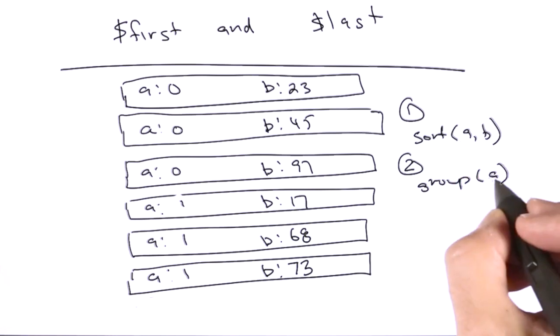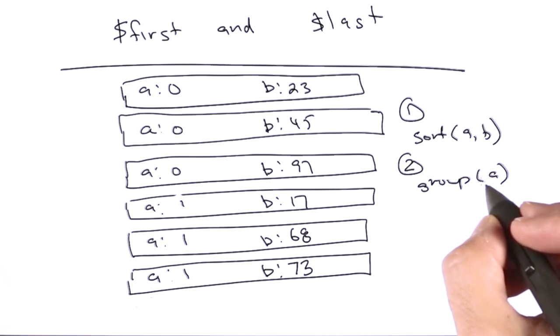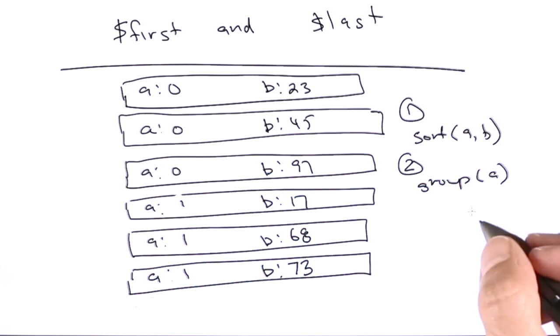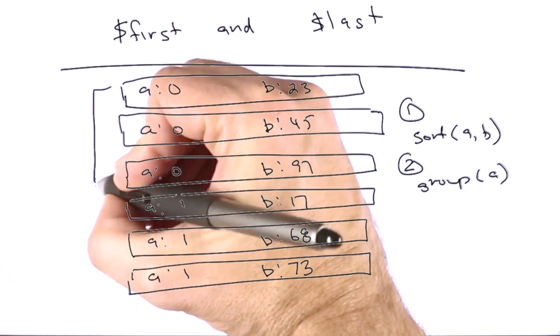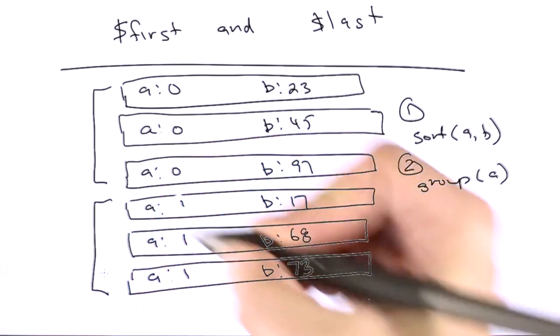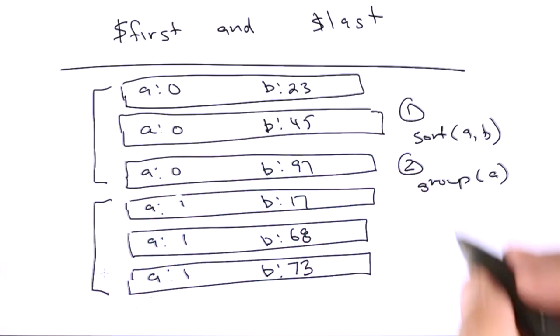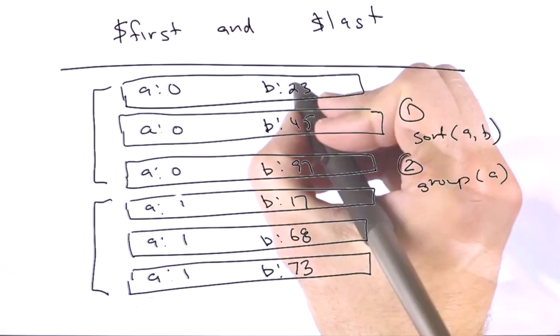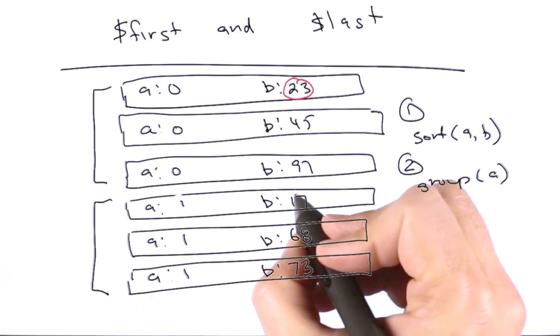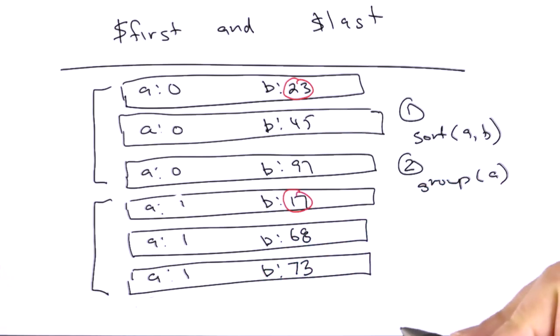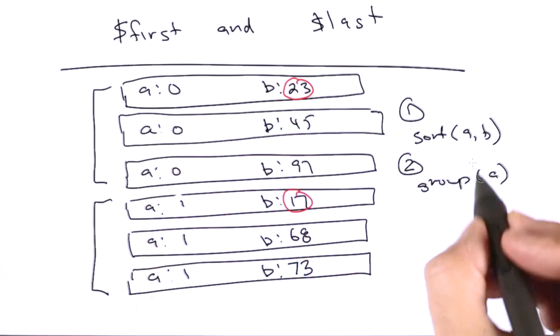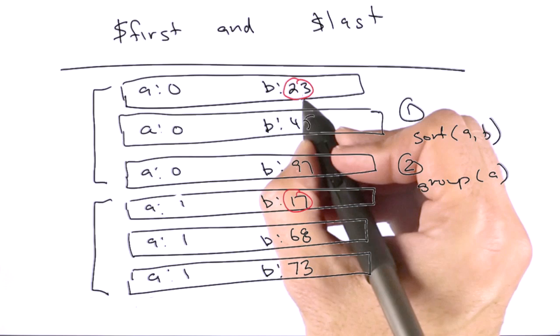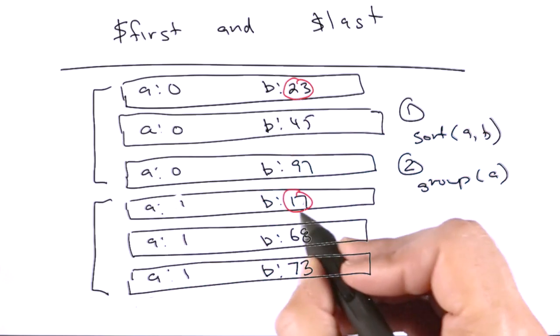Now, let's say I want to group by A. If I group by A, then I'm going to process the documents logically in this set and logically in this set. And then if I ask for the first of B as I'm grouping by A, I'm going to get this value, and I'm going to get this value. So where A is 0, the first of B is 23, and where A is 1, the first of B is 17.